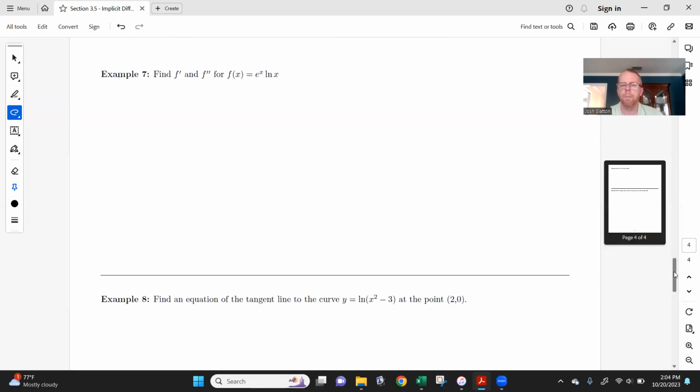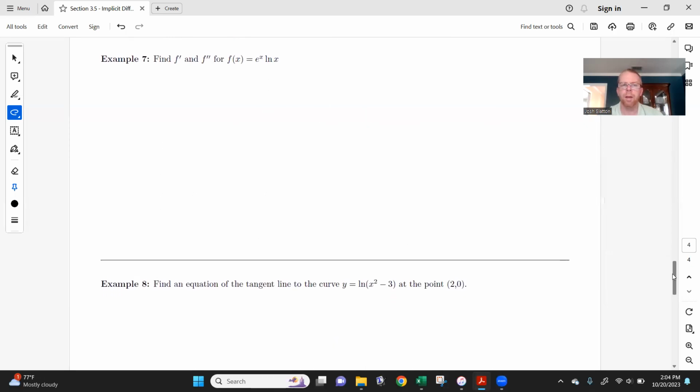All right. So number 7. Now we're going to get the first and the second derivative, which is no big deal. But this time we're going to use the product rule. So if you remember the derivative of products, we have a u function times a v function.